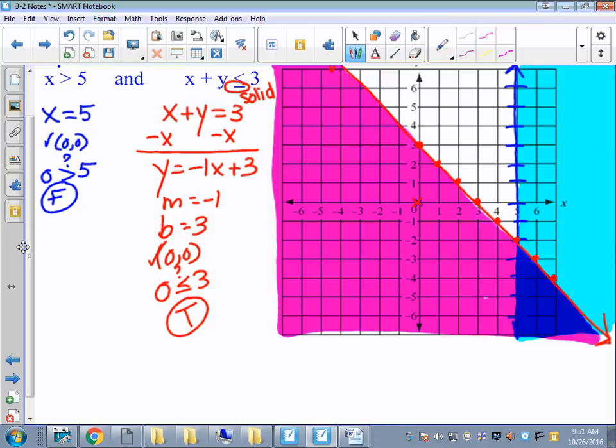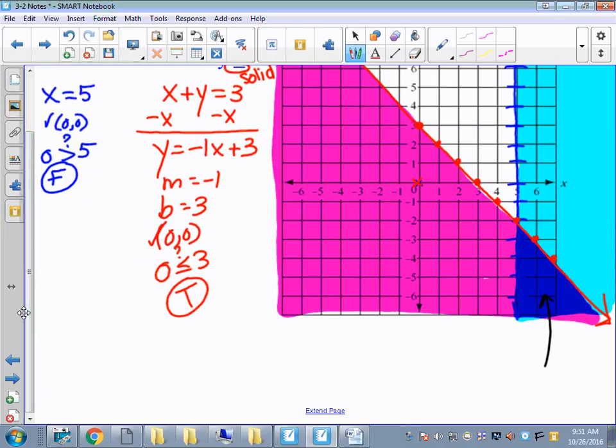So this is the only area. These are the solutions to the system. So these are the ordered pairs, the solutions to both inequalities.